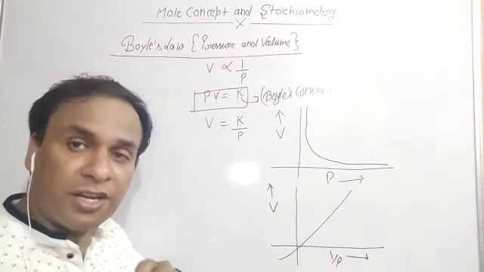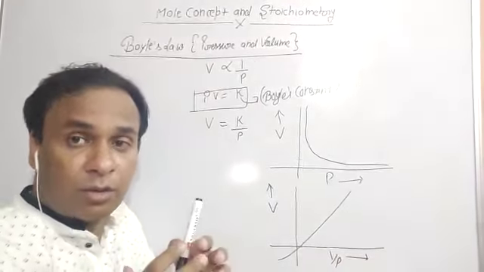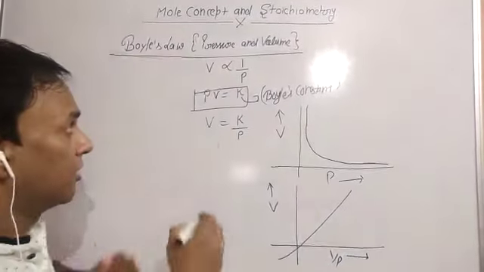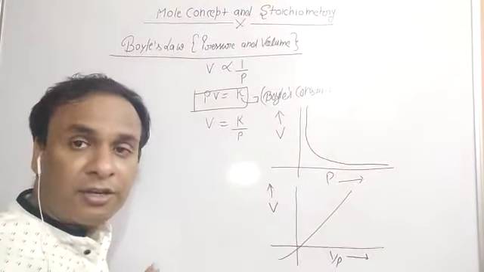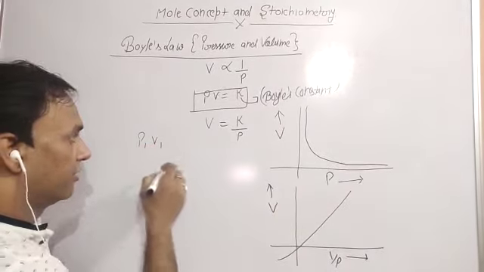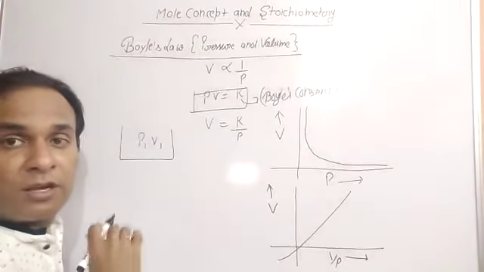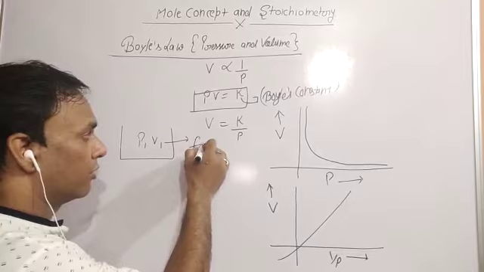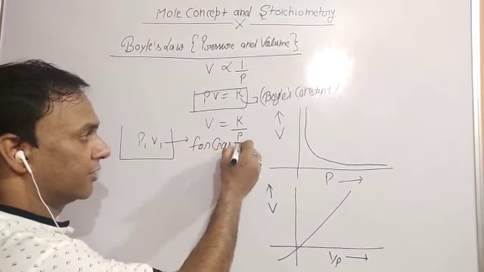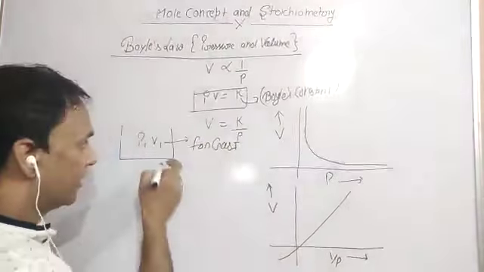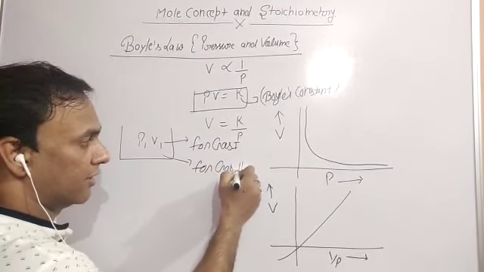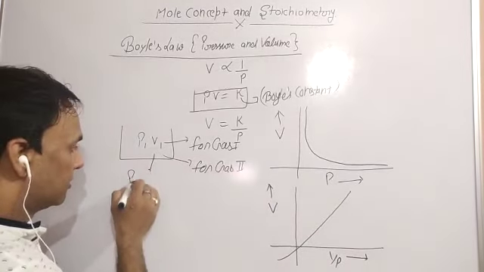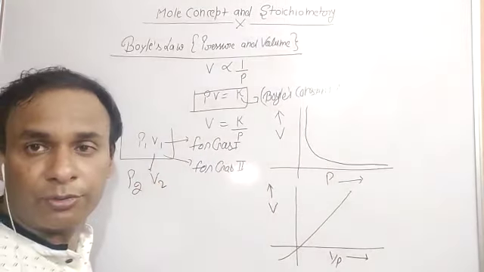Pressure-volume relationship. Clear? Now, the next condition is, suppose that two gases are filled in different containers. For the first gas, the pressure is P1 and volume is V1. For the second gas, the pressure is P2 and volume is V2.